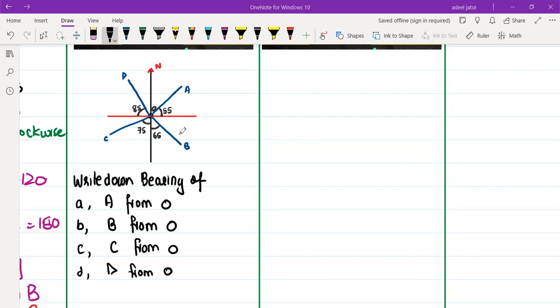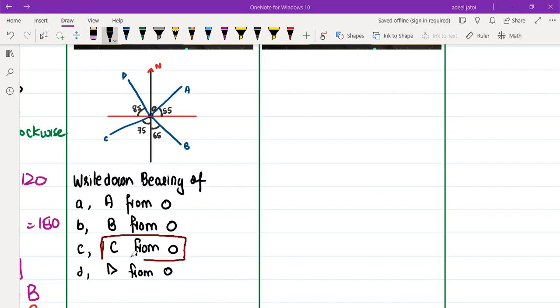Since we needed the entire of this angle, this is 90 and this is 24. So 90 plus 24 will be 114. So that means the bearing of B from O will be 114.